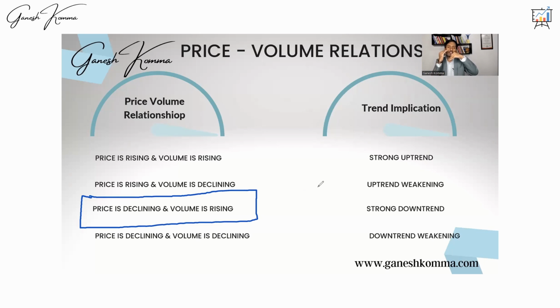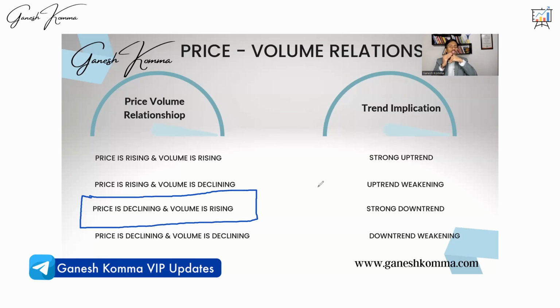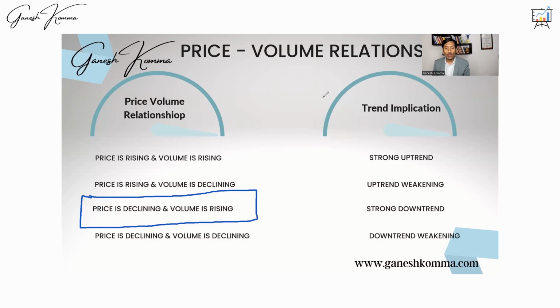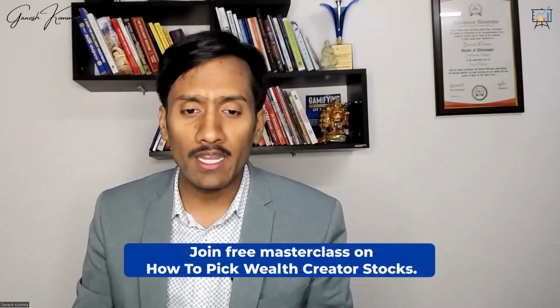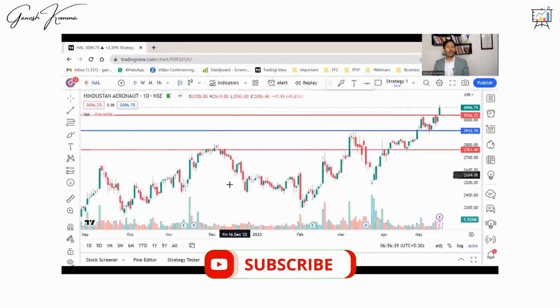And if anyone tries to pick a stock during a strong downtrend, you are trying to catch a falling knife. Even though it's a fundamentally stronger company, do not try to catch a falling knife. You will cut your hand, and yes, you will be bleeding, right? So yes, this is about your TradingView applications.